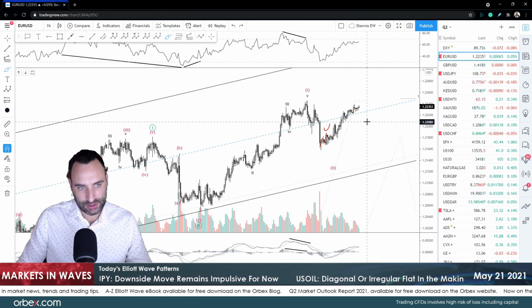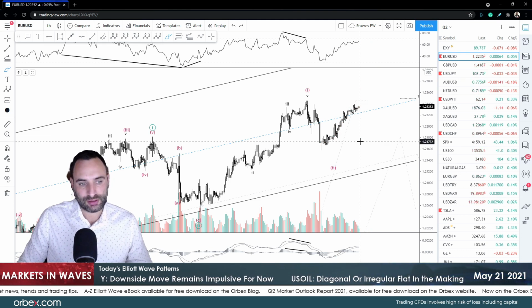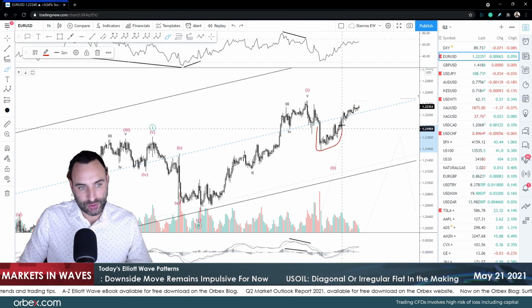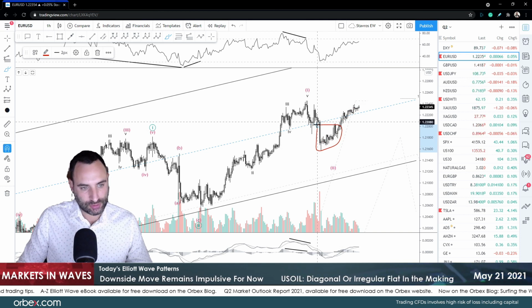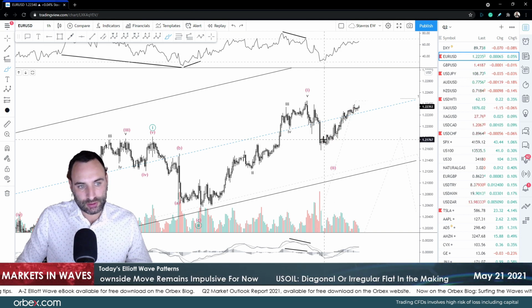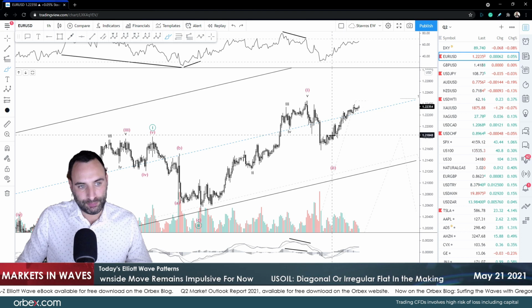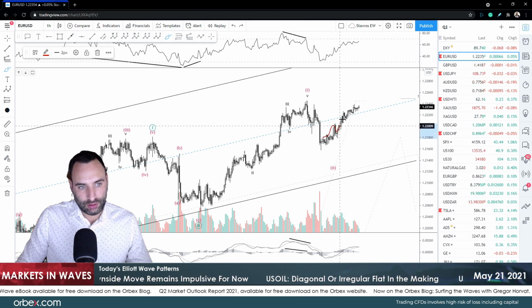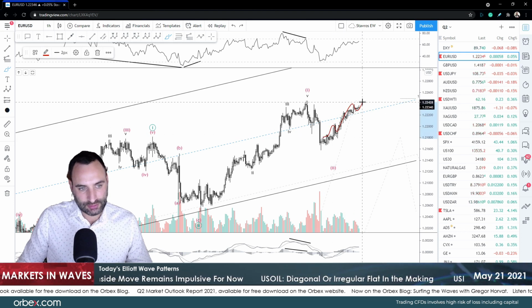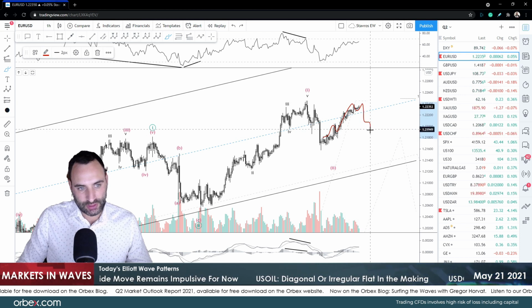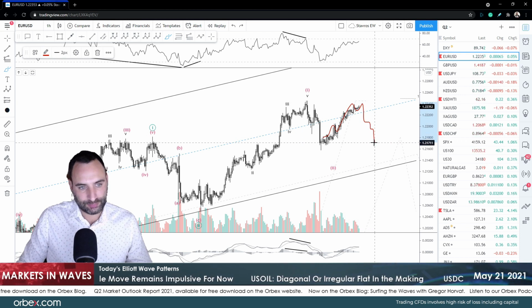So I'm looking at this in two different ways from now, purely because of this. That does not look like an impulse to me. It looks like it's going to go to ending here, and then of course you get a 5-wave move down for a flat.